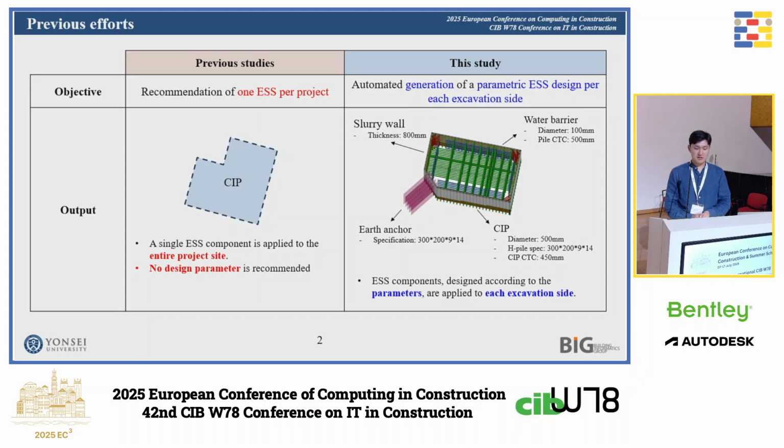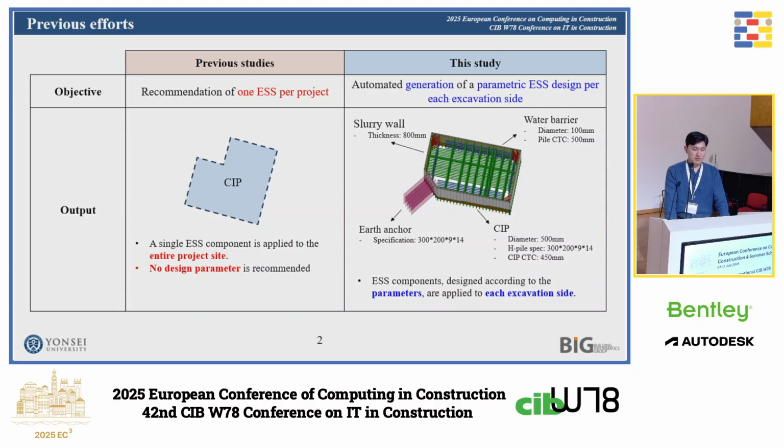In previous studies, only one retaining wall per construction site is recommended. As a result, selecting a specific ESS for each excavation site, as well as detailed design parameters such as wall thickness or pile diameters, still required additional input from engineers.